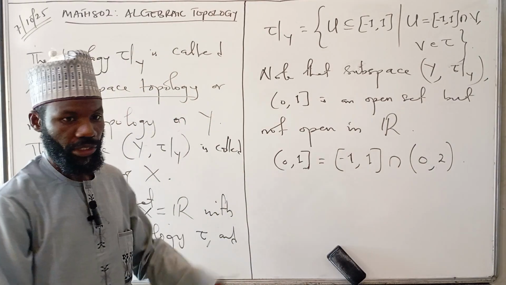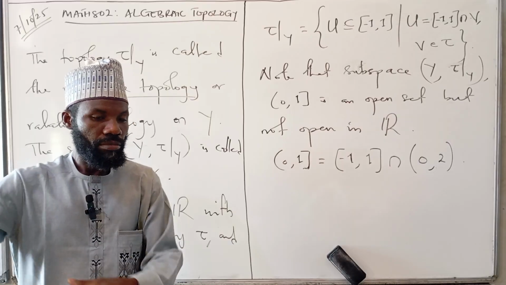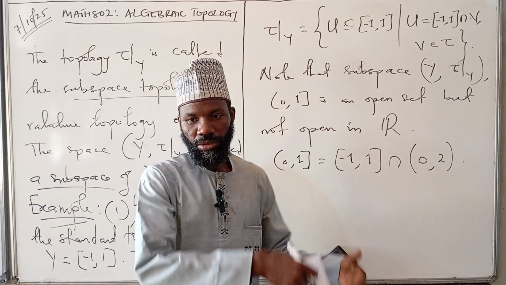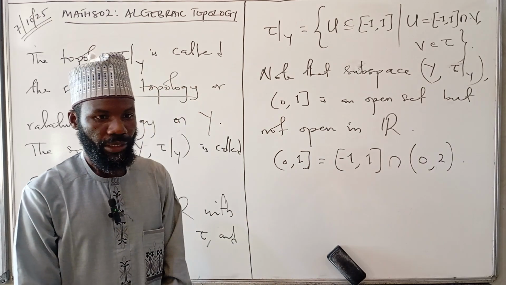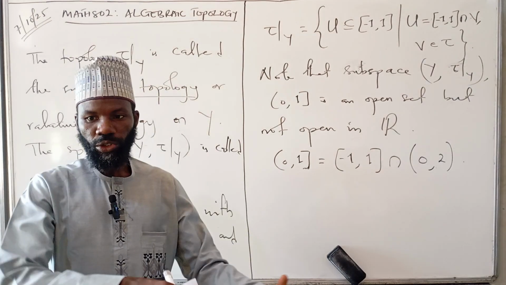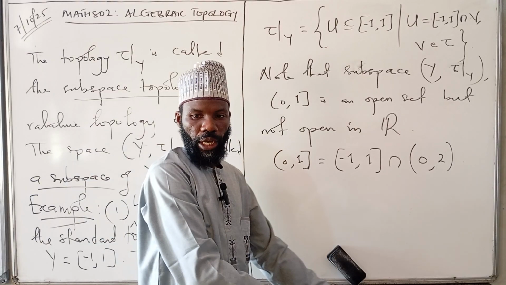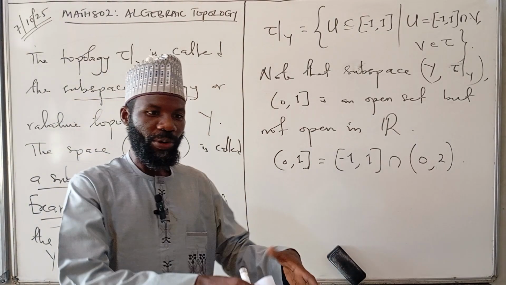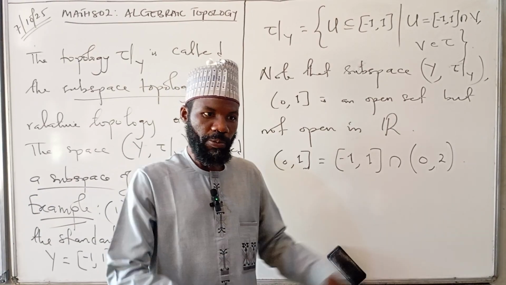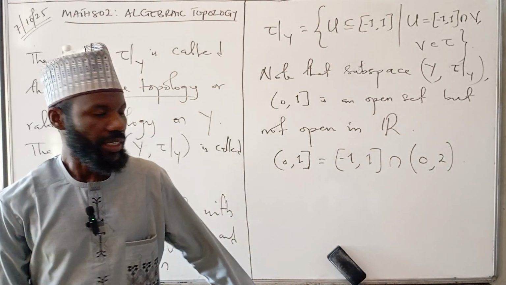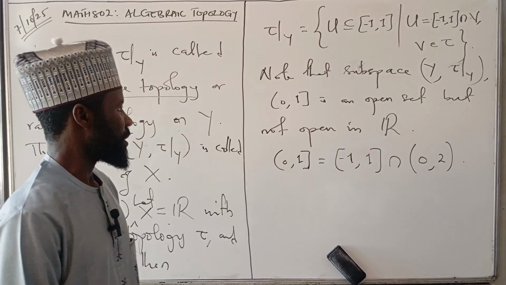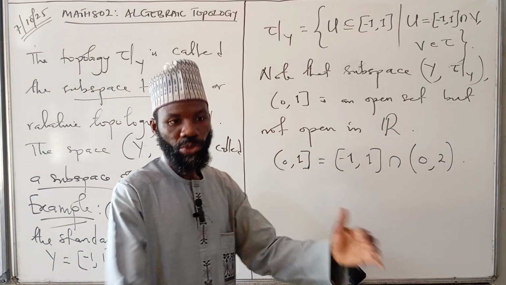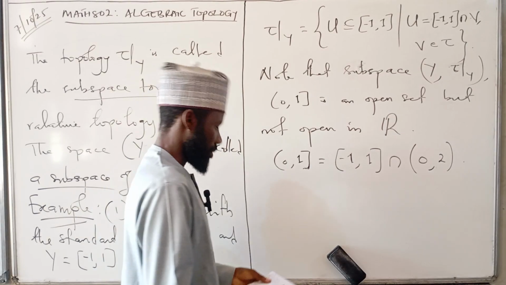Are you following? But here it's not the same. Open sets may fail to be open here. Things that are closed may turn out to be open here. So it's not necessary that every open set in the subspace is still an open set in the original space. Like here, this was not open in the bigger space, but it is now open in the subspace. So you should take note of this.